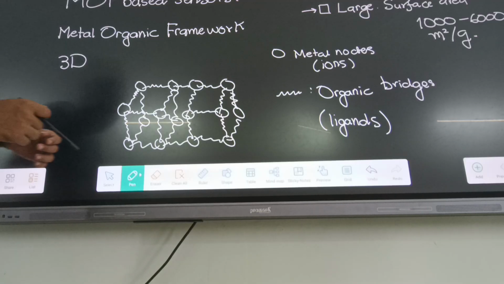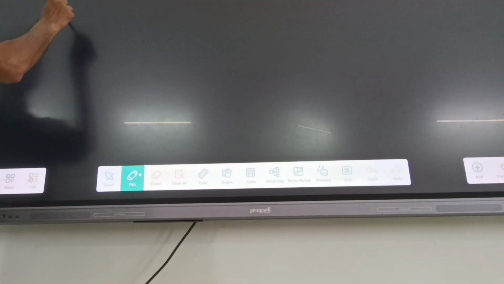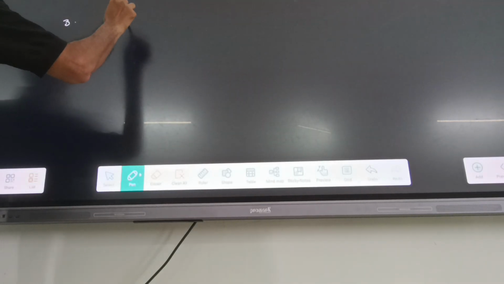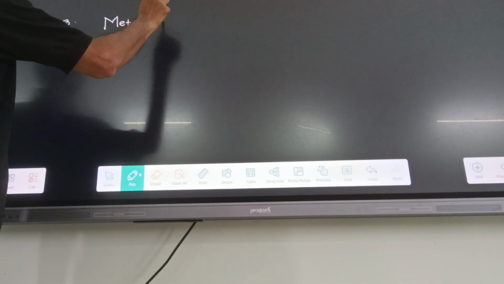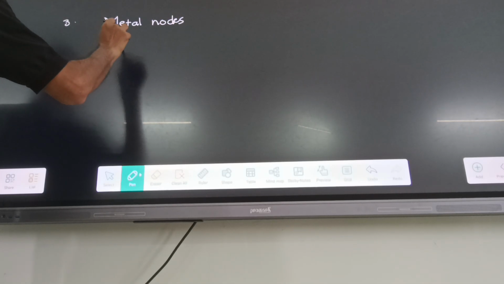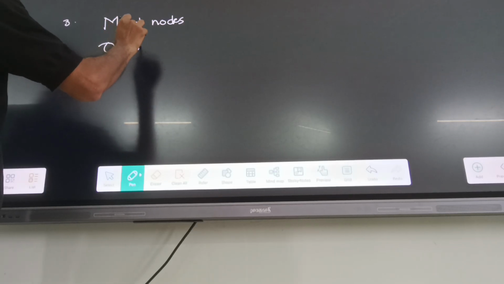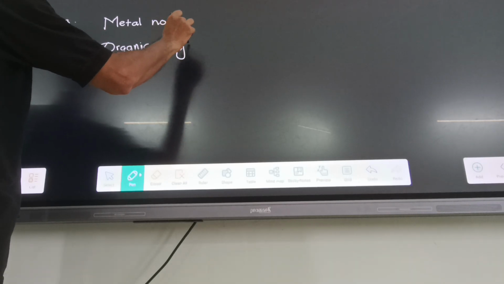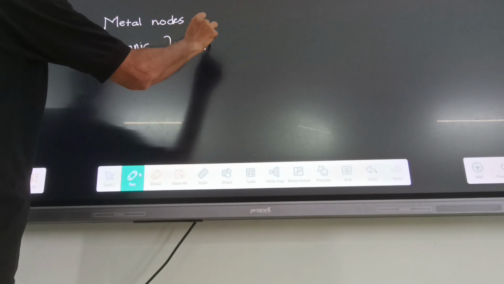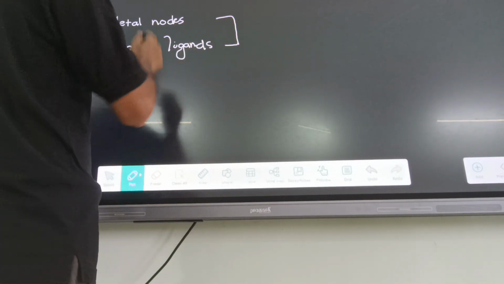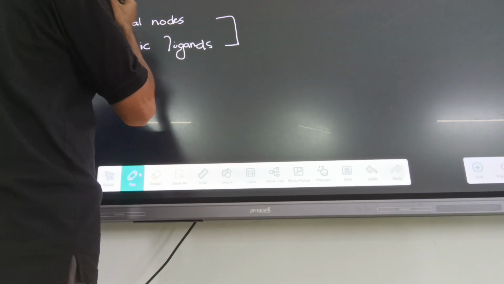और जो third reason है, नंबर 3, is जो metal nodes हैं और organic ligands involved in organic ligands. They are first of all ligand effective.